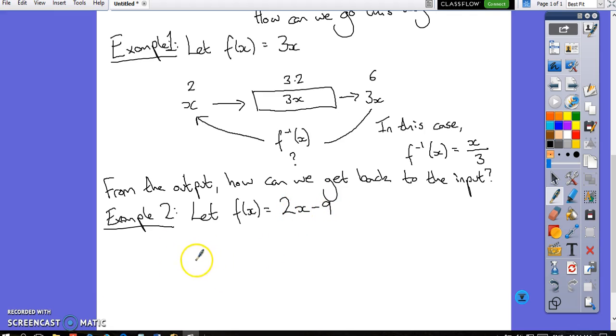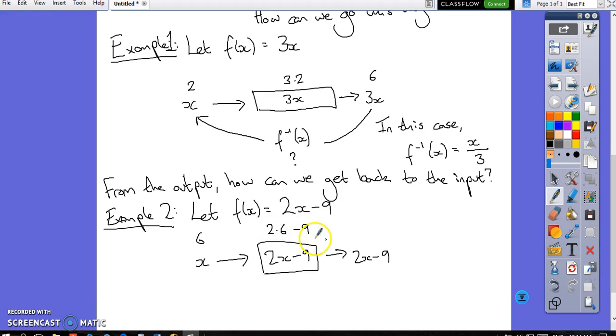So if we had x as our input, 2x minus 9 is our function, and then our output would be whatever this evaluates to. So if I put, let's say, 6 in, I've got 2 times 6 minus 9, that's 12 minus 9, that gives me 3. How can I get back this way from 3 to 6?